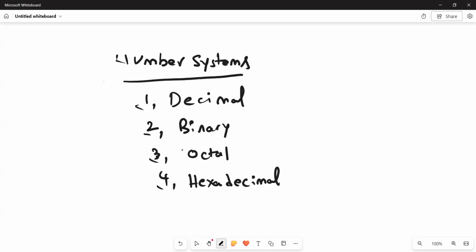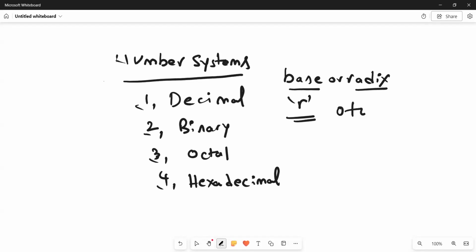Okay. So every number system has a base or radix. If the base or radix of a particular number system is R, then the different symbols you can represent in that number system will be 0 to R minus 1.